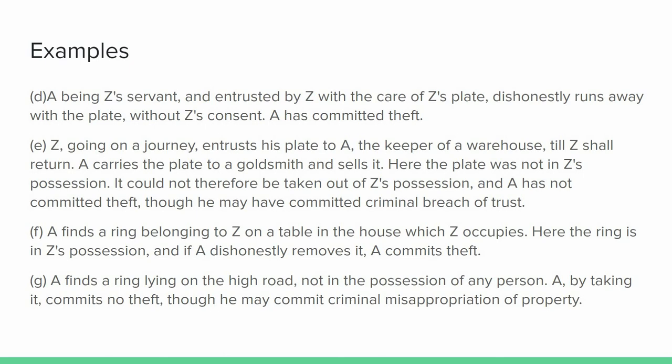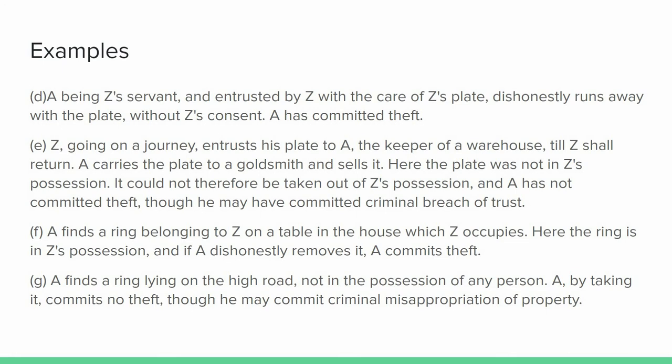Next example, A finds a ring belonging to Z on a table in the house which Z occupies. Here the ring is in Z's possession, and if A dishonestly removes it from the table and takes it away, or simply removes it from the table, moves that particular ring from the table, A has committed theft.